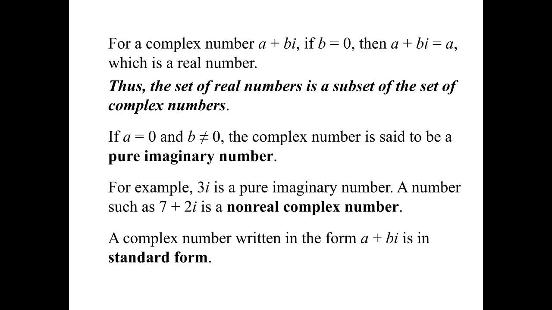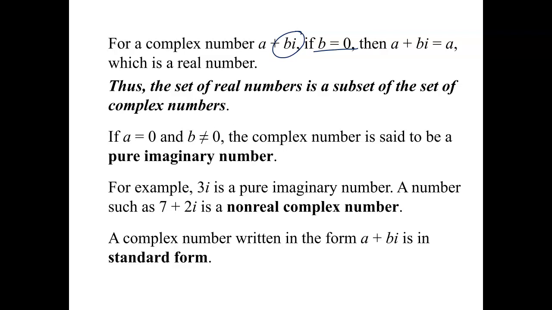If B is 0, that means that the second term is going to be 0. 0 times I is just 0. So the imaginary part doesn't exist. So we have a real number, just a pure real number.